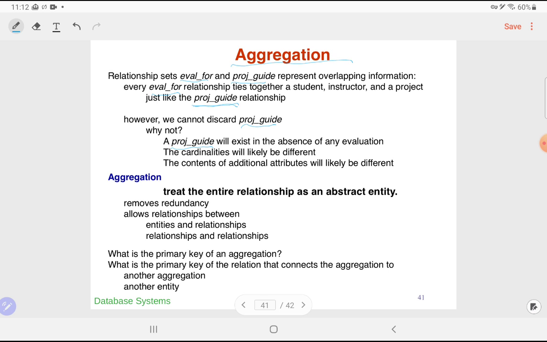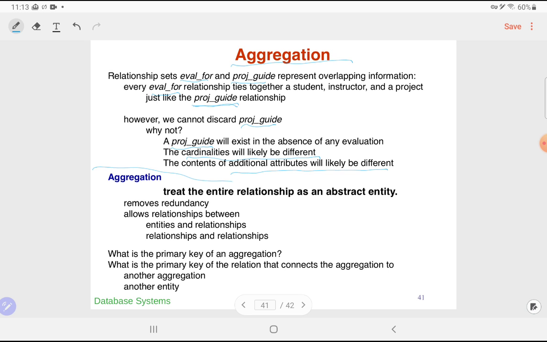Might describe the proposal documents, etc. The evaluation obviously needs to connect to the project, but it will occur multiple times, the additional attributes will generally be different, and the cardinalities are likely to be different too.